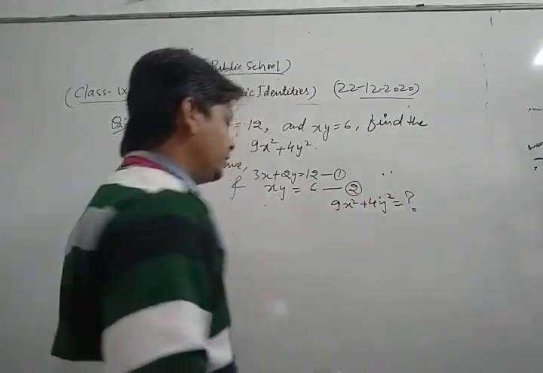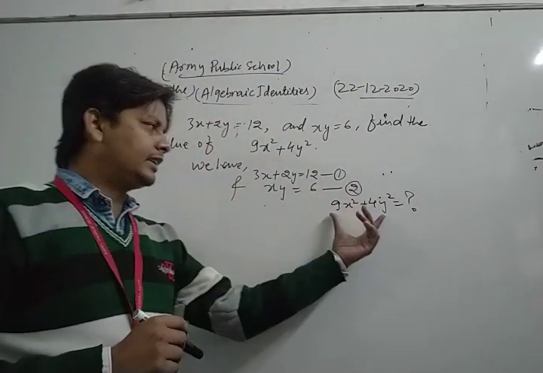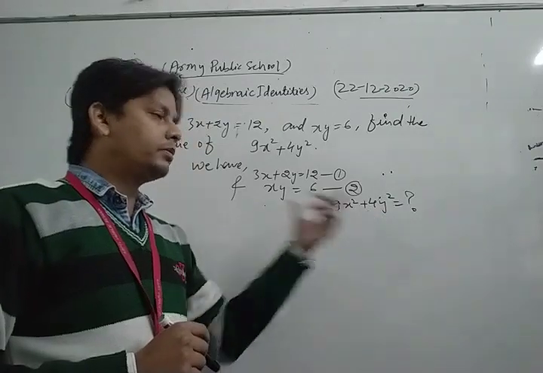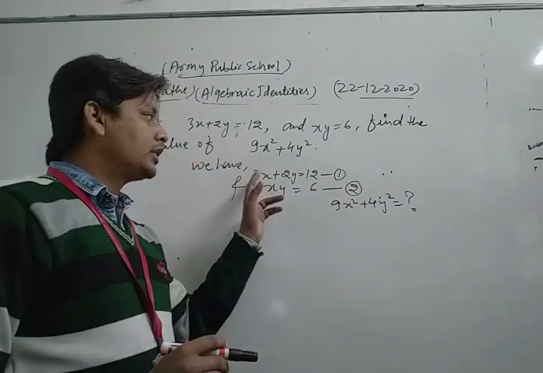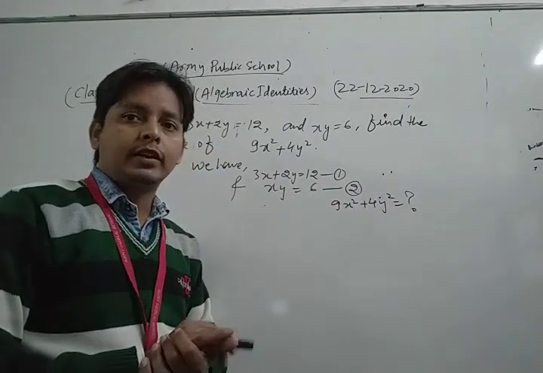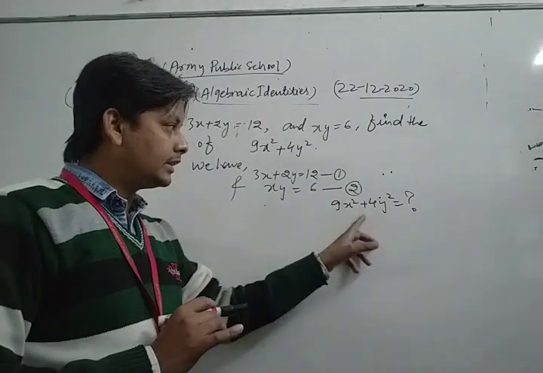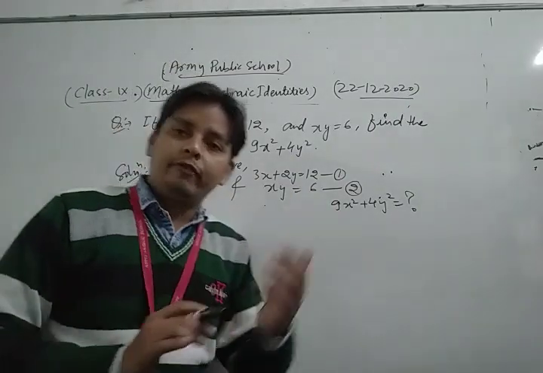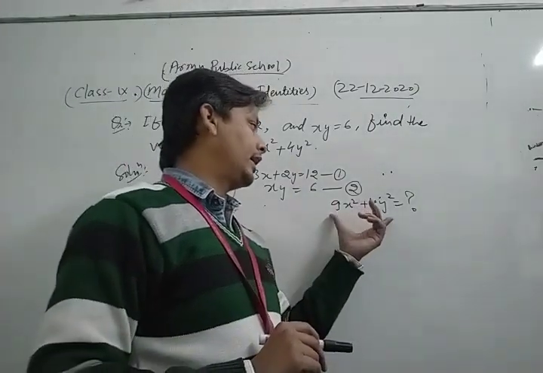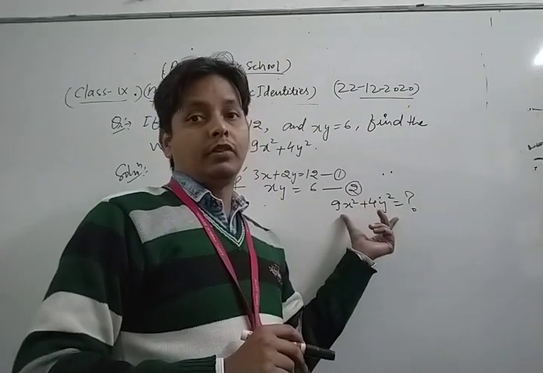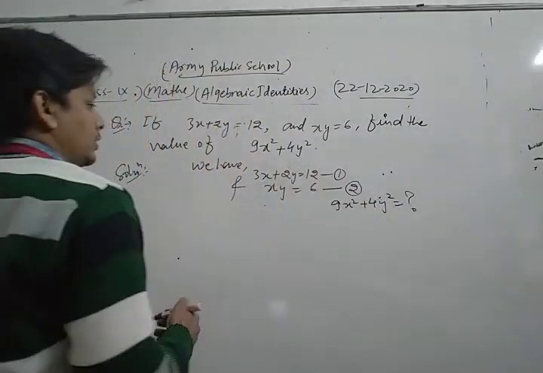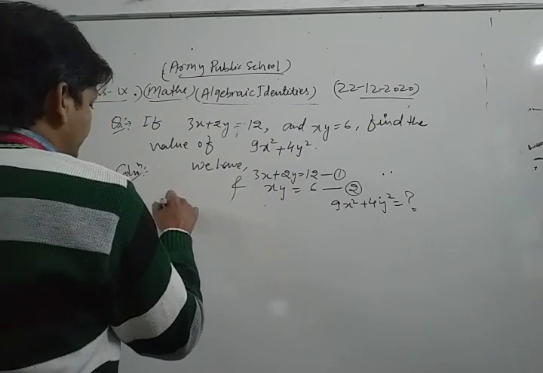Dear students, those terms come from which process? If we square both sides of equation 1, then we get those terms. So, in finding the value of 9x square plus 4y square, first of all we square both sides of equation 1.